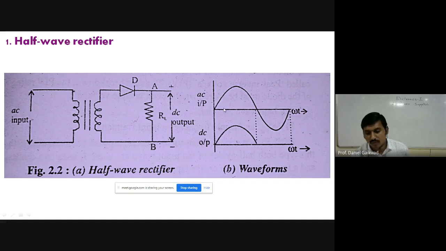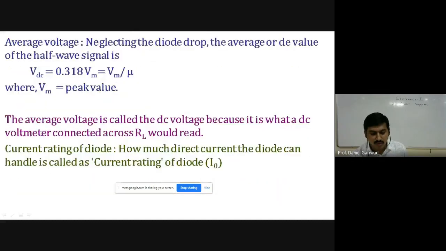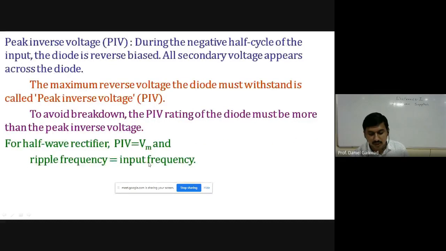The number of waves per second is called frequency. Here we have only the positive half cycle and no negative half cycle. So here also in 1 second, 50 positive half cycles will appear, and so the ripple frequency will be the same as the input frequency.